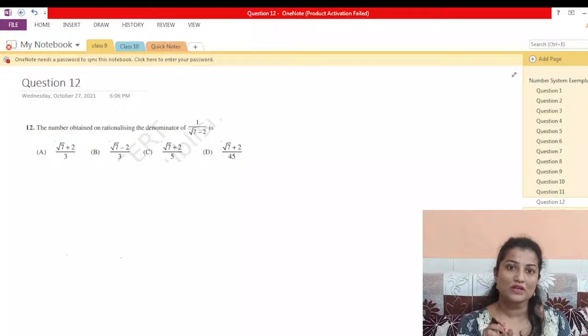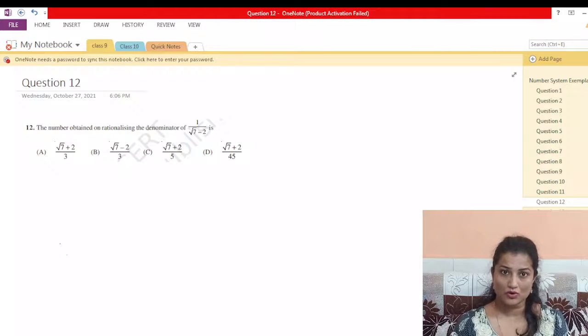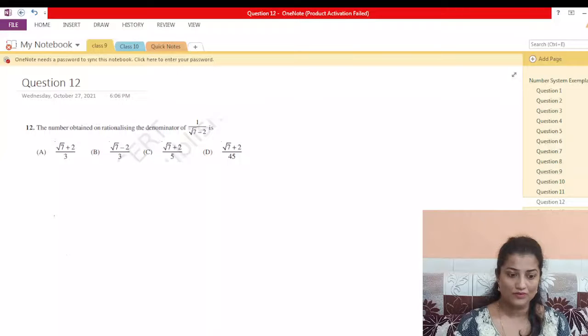So in order to remove the roots of the denominator, we rationalize the denominator by its opposite factor. Now opposite factor of root 7 minus 2 is root 7 plus 2. So we will multiply both the numerator and denominator by root 7 plus 2.